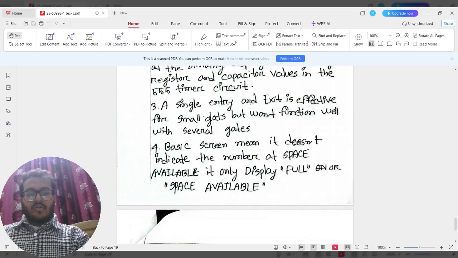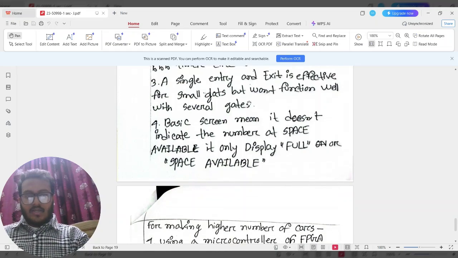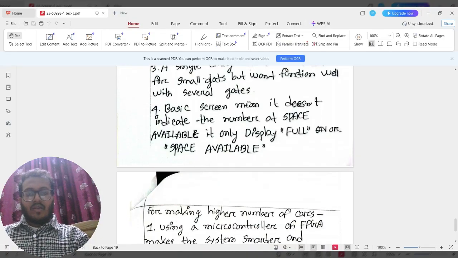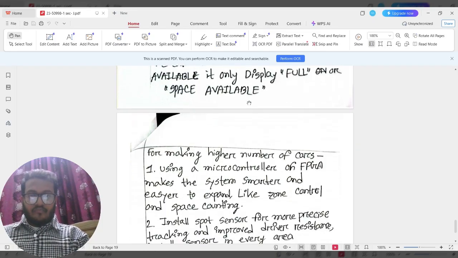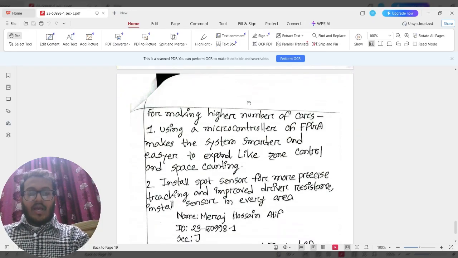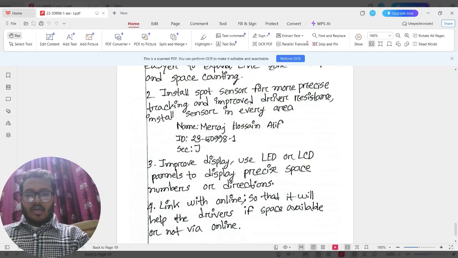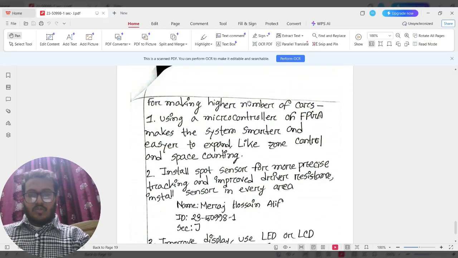A single entry and exit is effective for small gates but won't function well with several gates. The basic screen doesn't indicate the number of spaces available. It only displays full or space available. For handling a higher number of cars, what do we do?